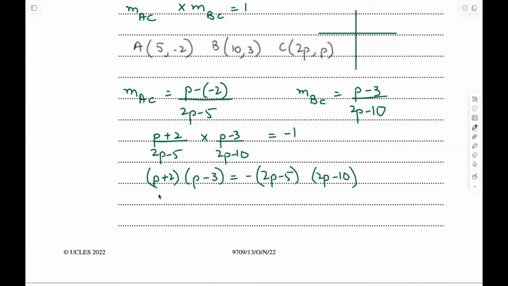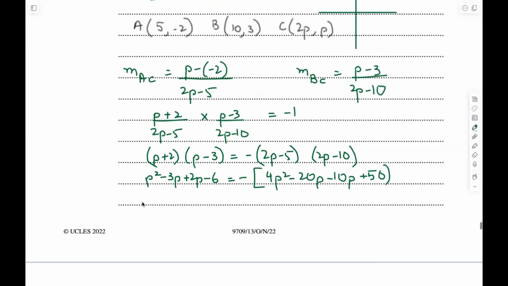So expanding the bracket, we'll get p squared minus 3p plus 2p minus 6. And expanding the bracket over here, we'll get 4p squared. So 2p into minus 10 will become minus 20p. Minus 5 into 2p will be minus 10p, and minus 5 into minus 10 will become a plus 50.